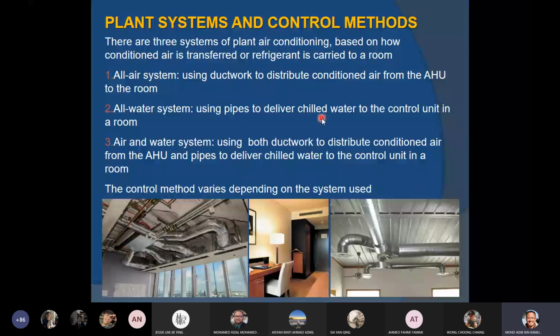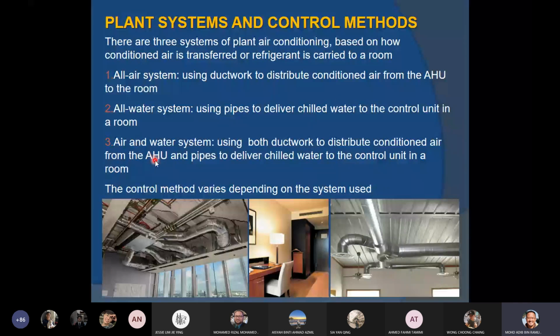The all air system only uses air, or ductwork, to distribute conditioned air from the AHU to the room. The second one is the all water system, which only uses pipes to deliver chilled water to the control unit in the room. So there's no ductwork from the plant room or the AHU to the rooms.